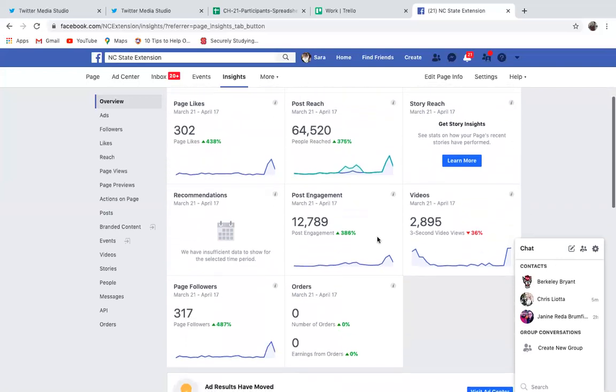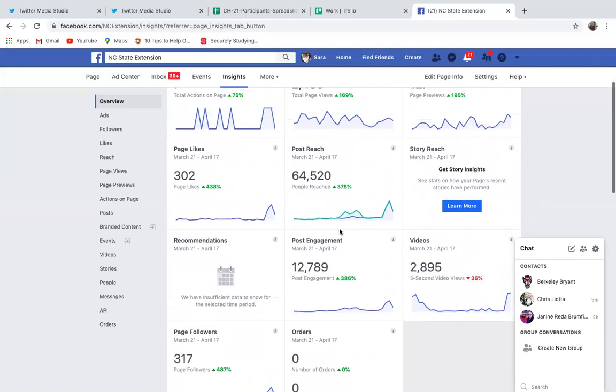So you have post engagement, which is something I care about. We determine post engagement by the number of likes, comments, and shares that you're getting. So that's also something I'm interested in. Page likes, again, that's self-explanatory, the number of people who are liking your post.